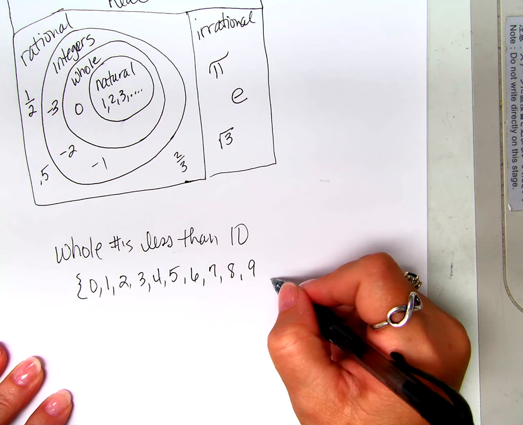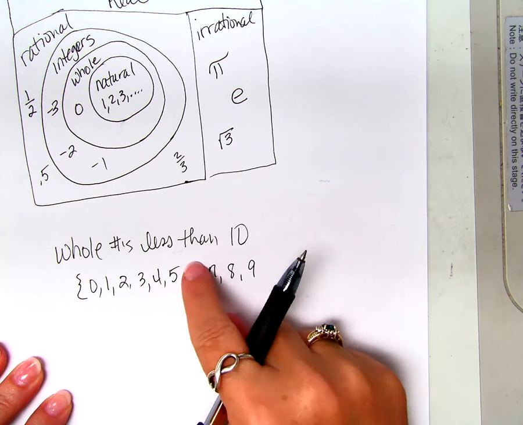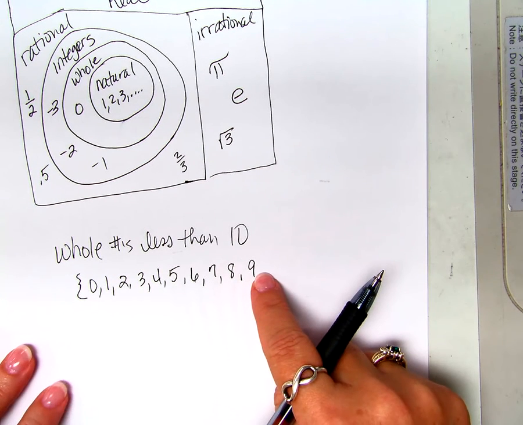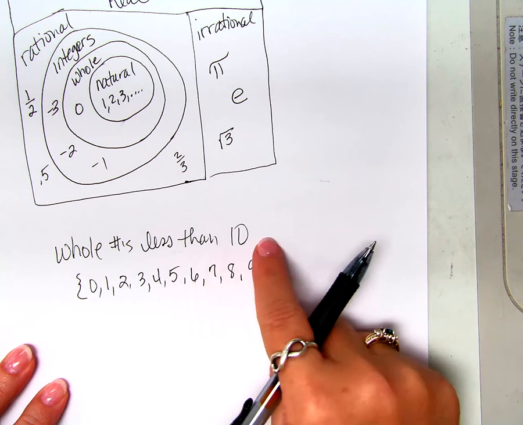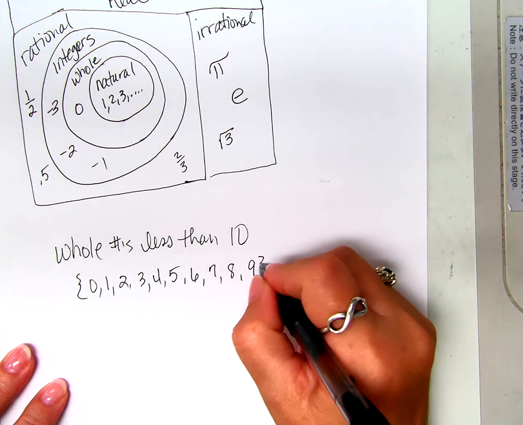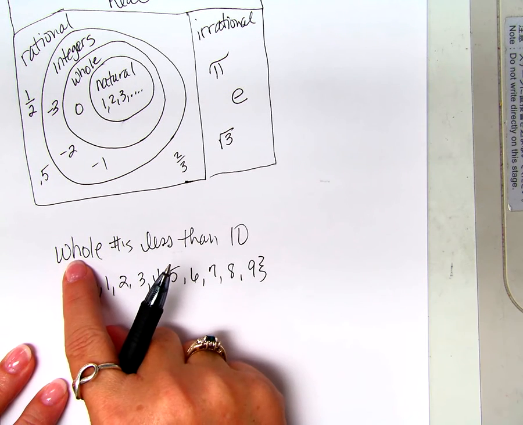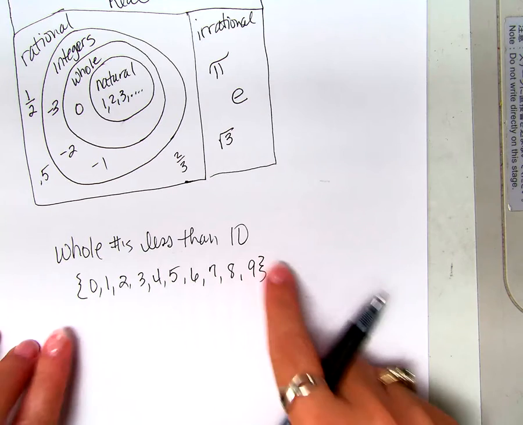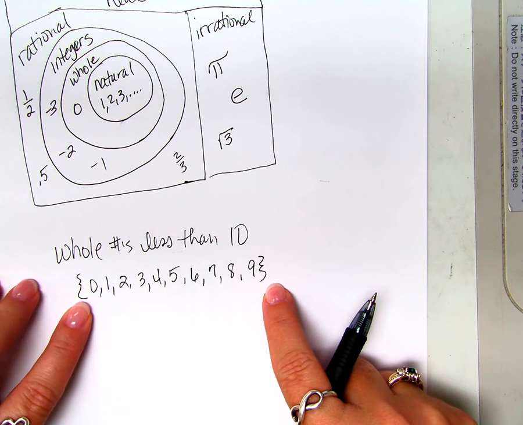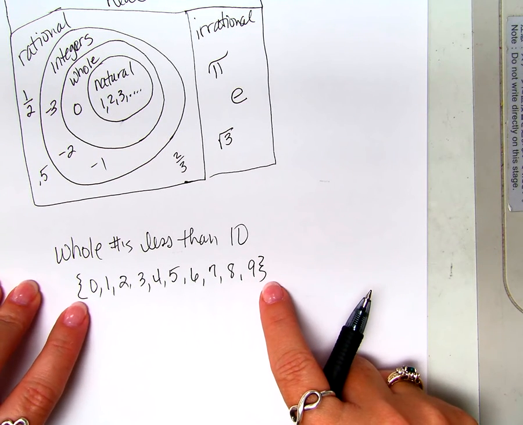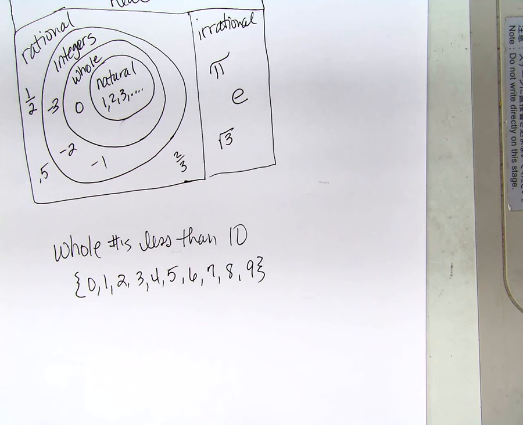Wait, do we have 10? No. Why not? Because it's less than. What would make it be 10? Less than or equal to 10, right? It only says less than 10, so we're done. And it's asking for the set of whole numbers that are less than 10. So that's why we use these set brackets right here. Okay? These are set brackets. Does that make any sense?